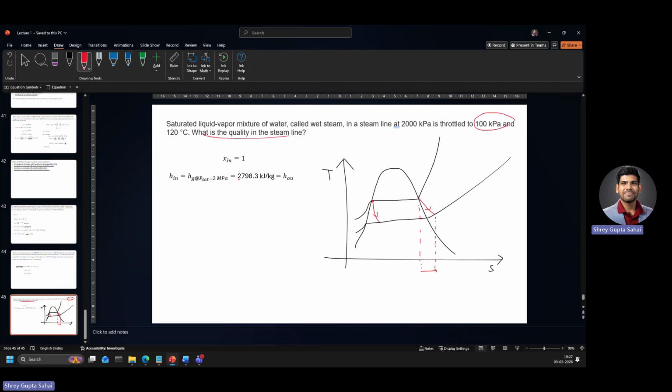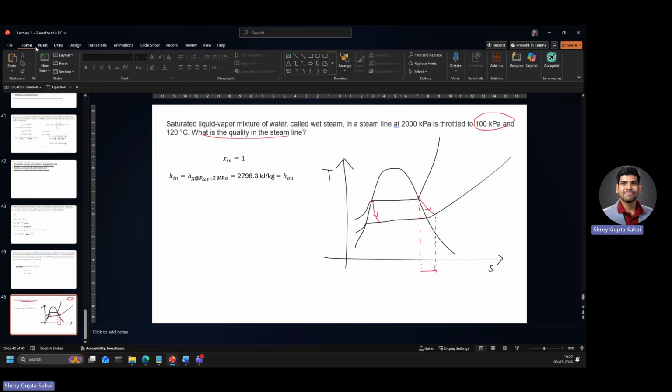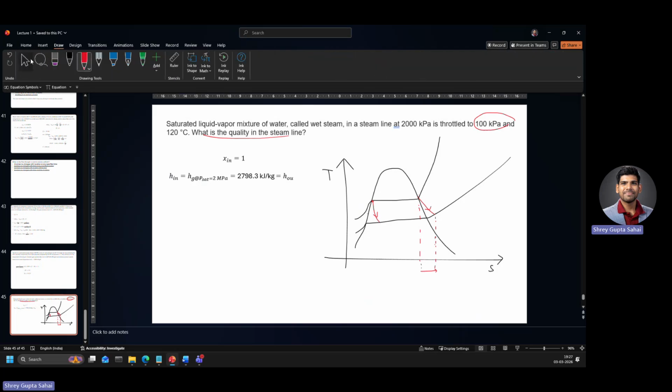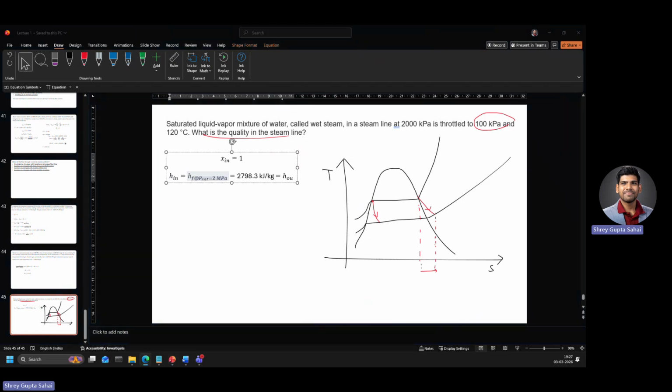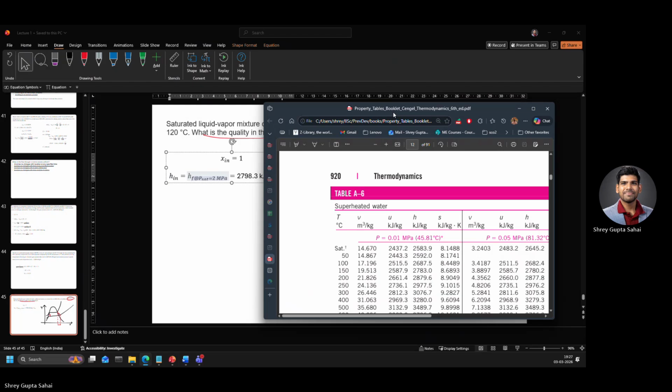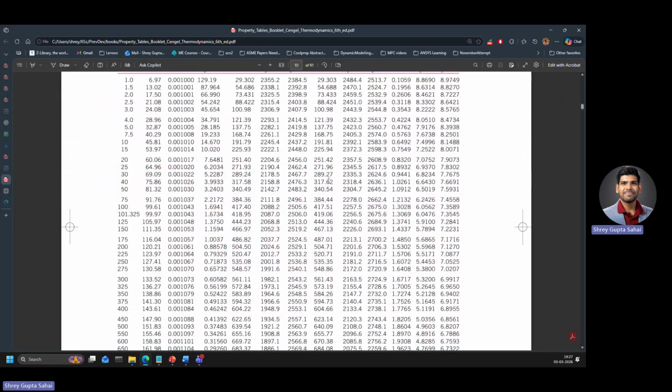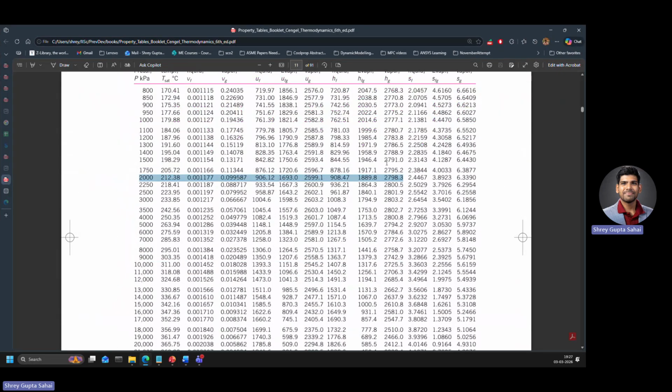So I have to take not this, but HF here. Let me correct this. If I go back and use that saturated steam table to go to 200, then I'll use this HF value, 908.47.